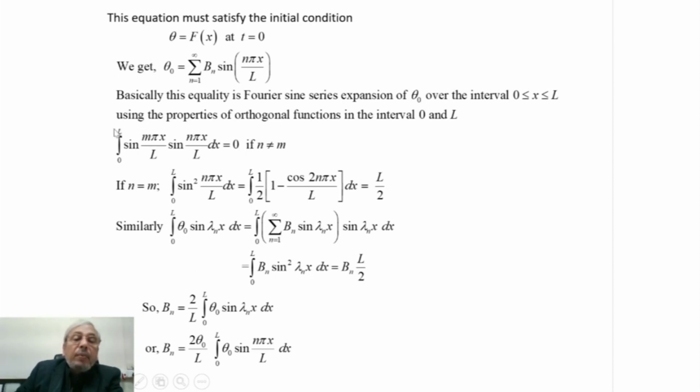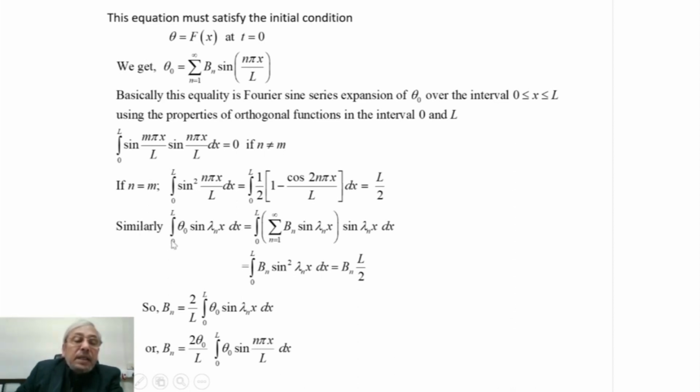That is the property of the orthogonal function. Now if n equals m, then from 0 to L this will be sin squared n pi x by L dx, and we can write it as integral 0 to L of half (1 minus cos 2 n pi x by L) dx, and this will be L by 2.